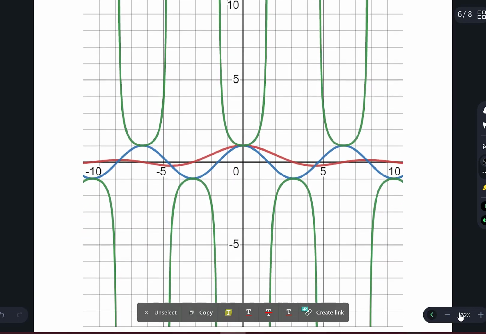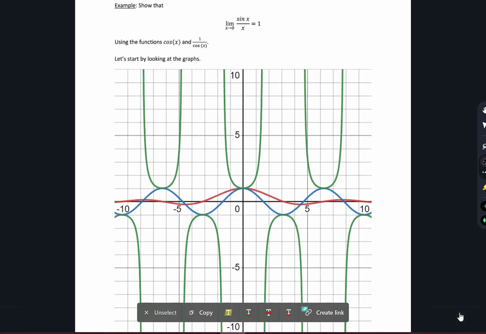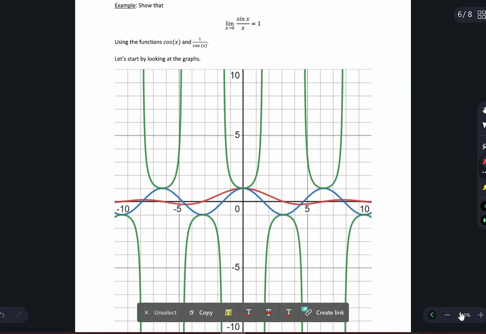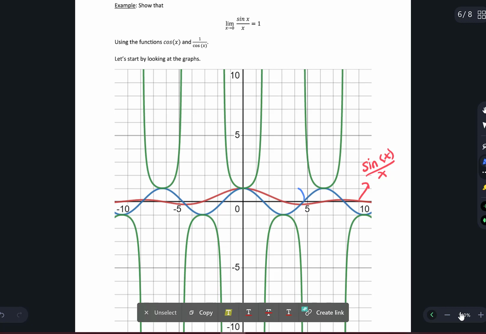So if we look here, we have a graph of these three functions. Now, in red, we have sine of x over x. In the blue, we have cosine of x.